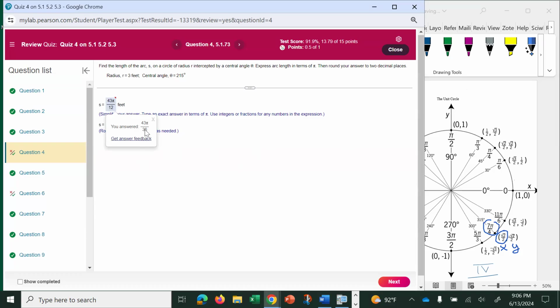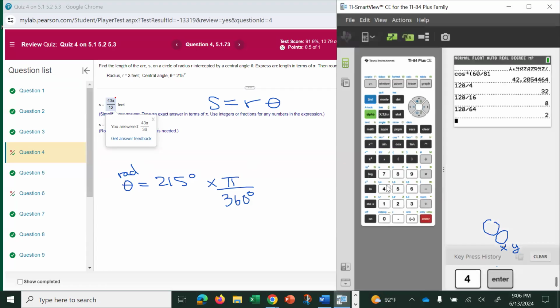I had s equals r theta, and I converted the angle. You need radians, and right now we're given degrees, and we multiply by pi over 180. Let me just do that real quick.